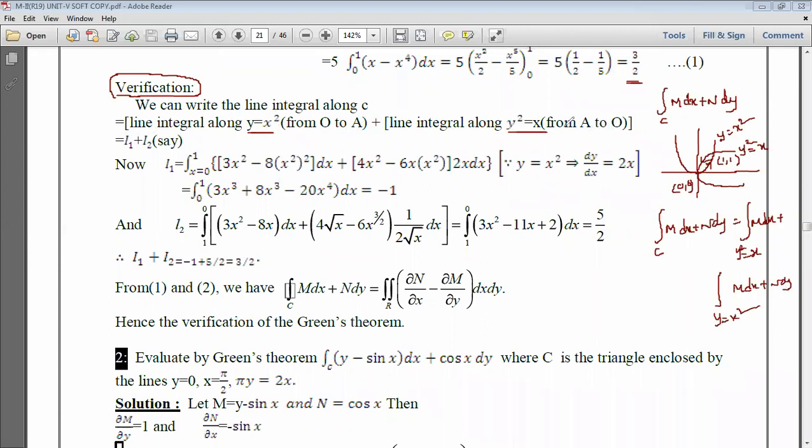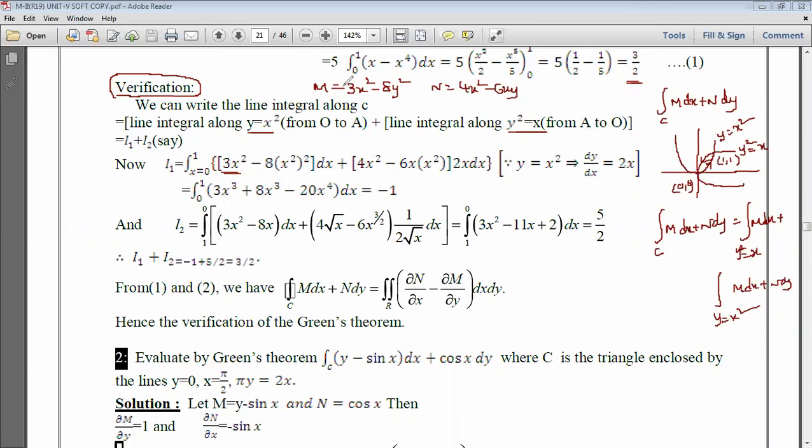First we are going to this one. Here x is from 0 to 1, we know that. M we already know: M is equal to 3x square minus 8y square, and N is nothing but 4x square minus 6xy.